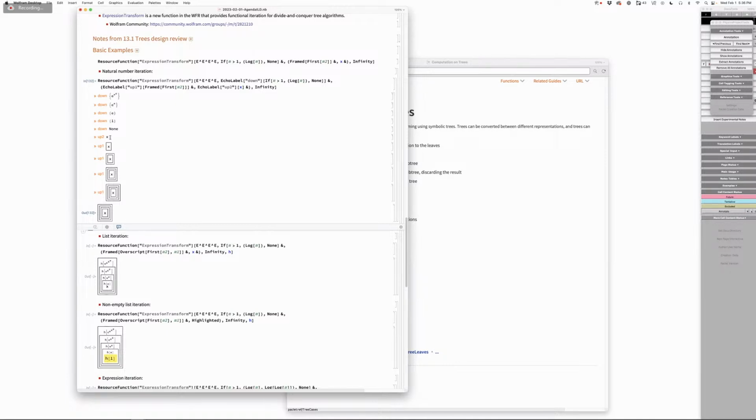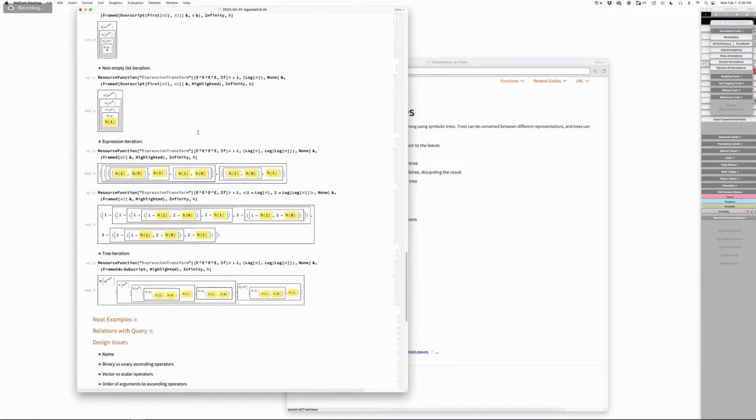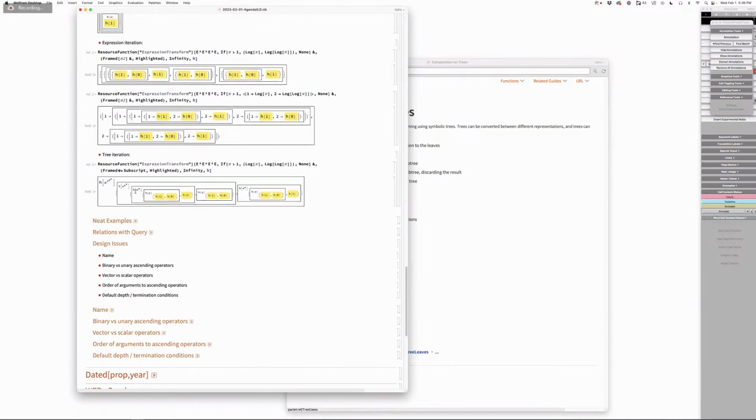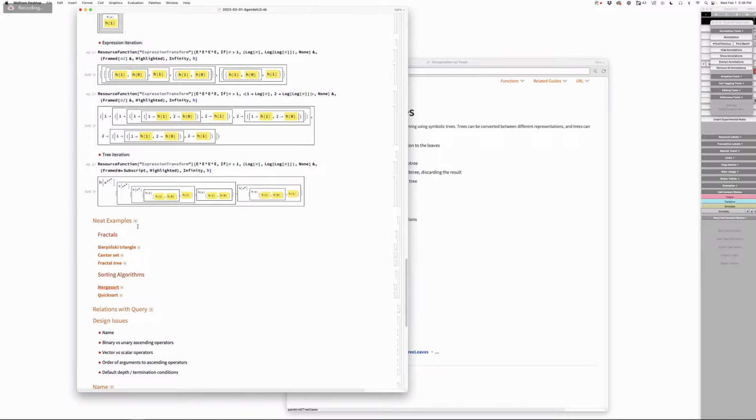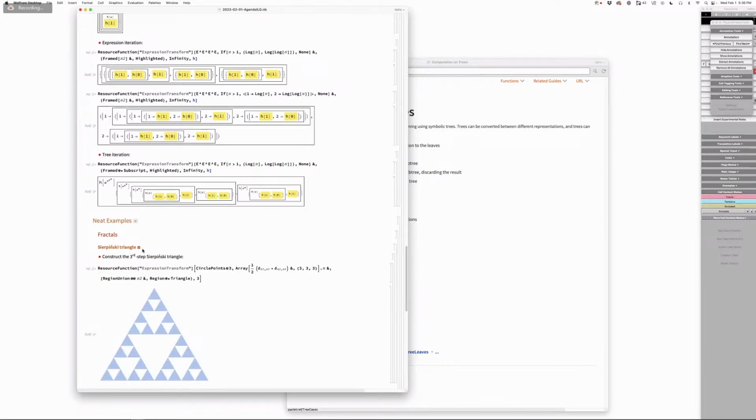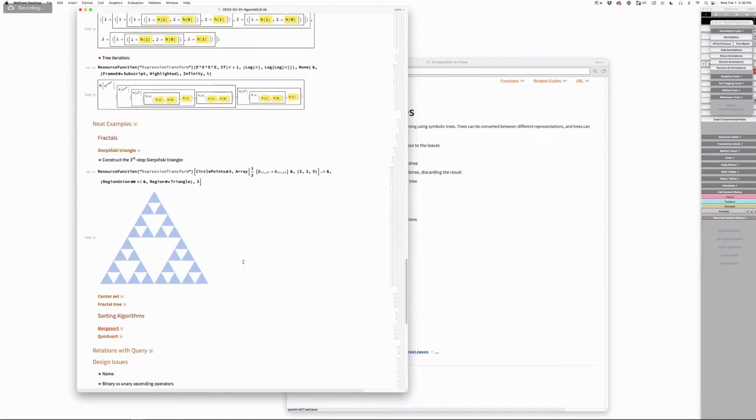Can we see some other examples of this? Can I see something where we have actual non-trivial operations happening? Yeah, there's a neat example section and there's a comparison with query section. So how does it choose between up 2 and up 1?